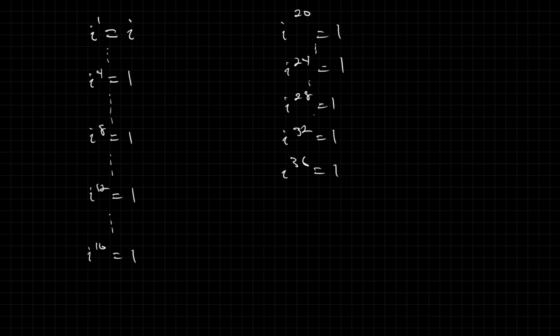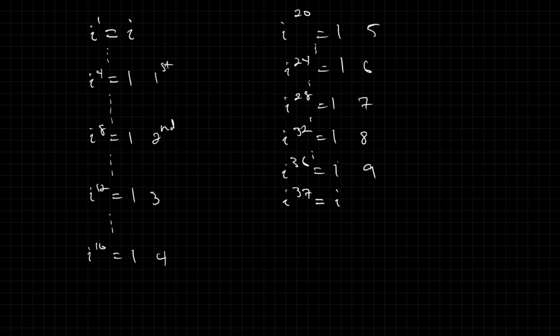And notice that at i to the 36th, this is the 9th time I've written this: 1st, 2nd, 3rd, 4th, 5, 6, 7, 8, 9th time. To get to i to the 37th, you have to do this cyclic pattern of i 9 times, and then go 1 more to get to i.